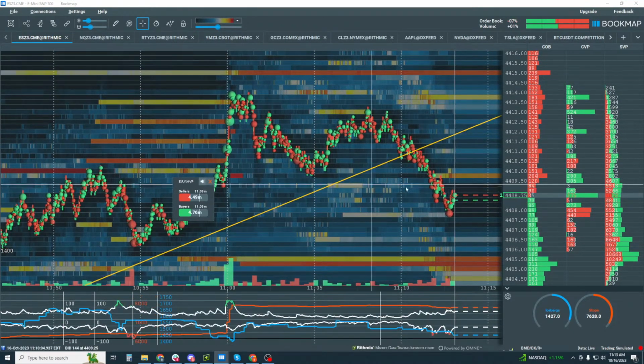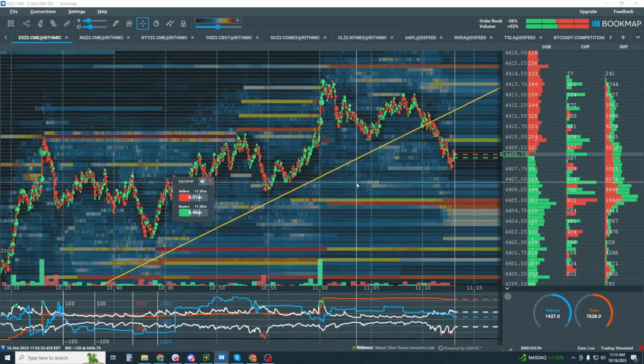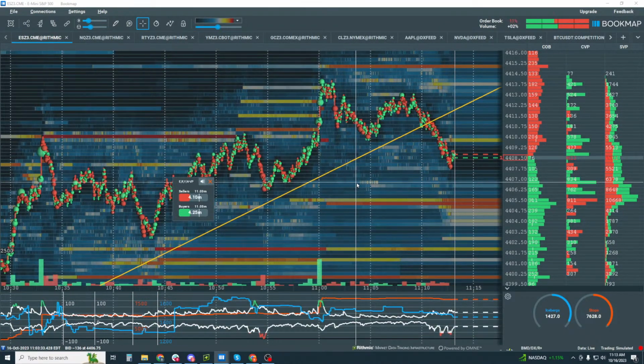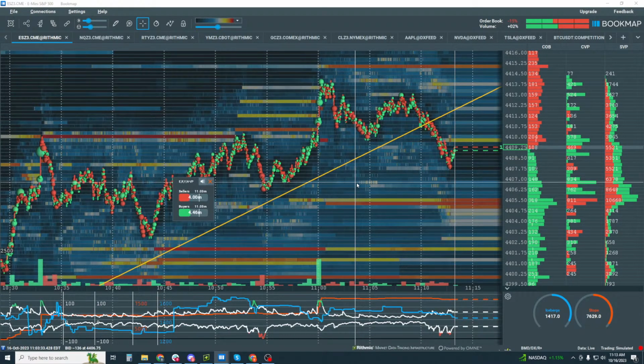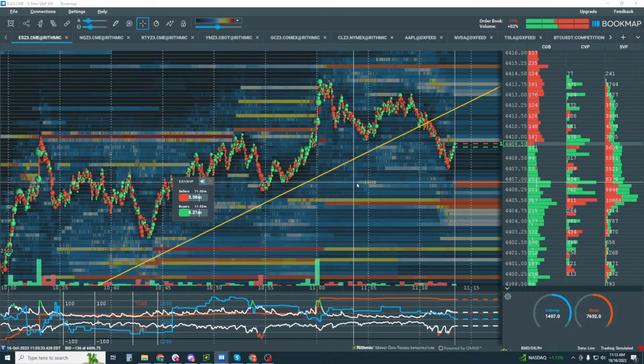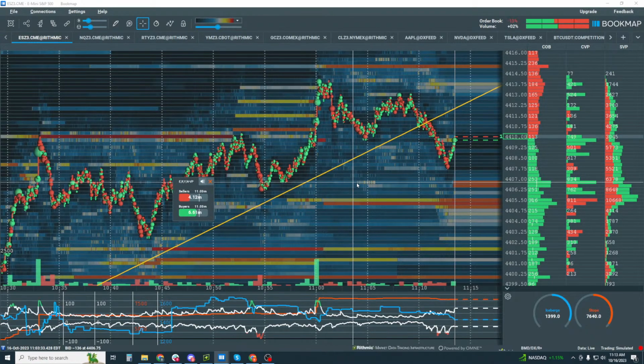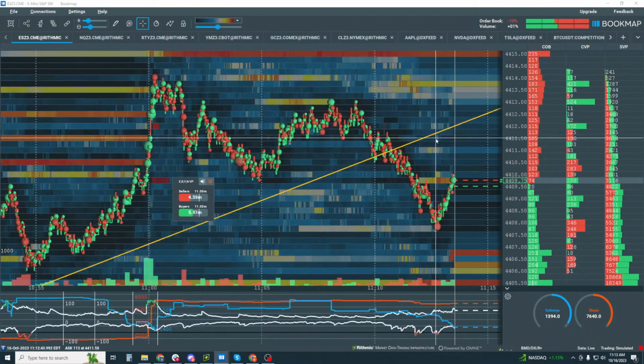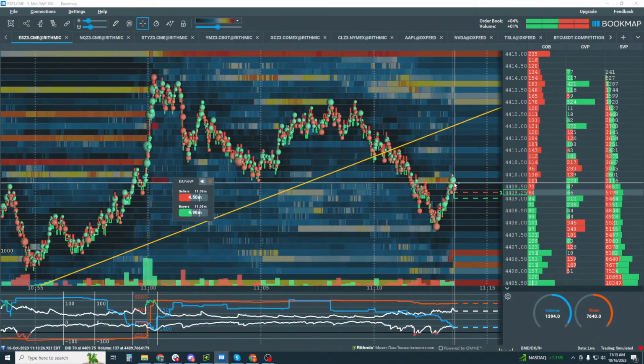Again, the unalignment of these elements in here is keeping me away from something that just looks more probable. Yeah, so you see how we're back up now. Let's see if we get any buyers up here.